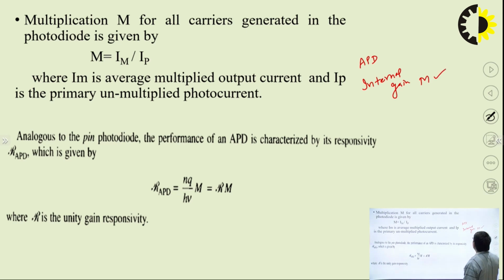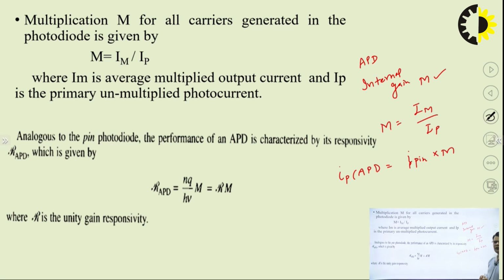Internal gain is denoted by M. So M is equal to IM divided by IP, or we can say that the photocurrent obtained in the case of APD will be the normal photocurrent corresponding to PIN multiplied by the internal gain.